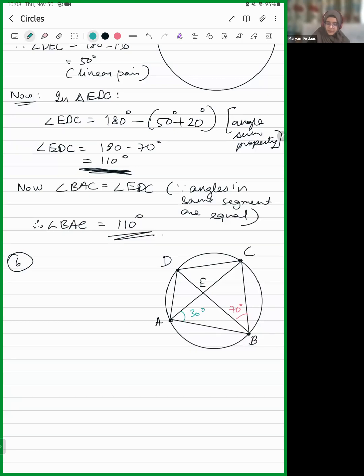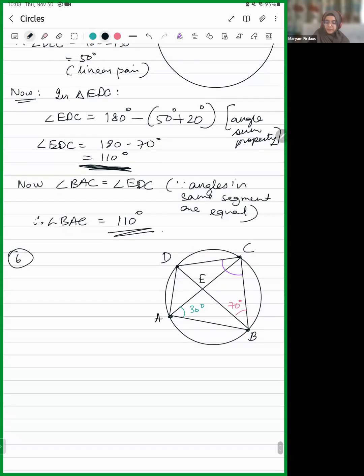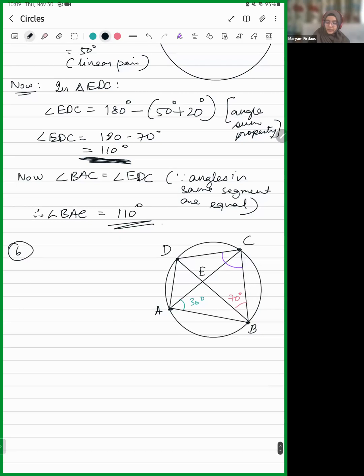Angle BCD means this big angle over here. Further, if AB equals BC, find angle ECD. The further part we will come to later. Let's first talk about finding angle BCD.